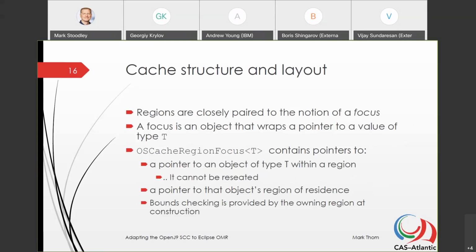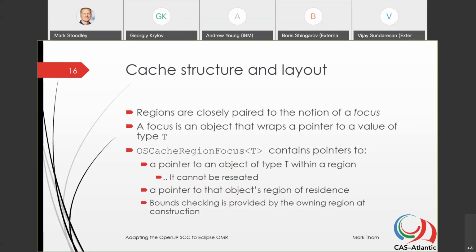With regions comes the idea of a focus. And the notion of a focus is developed to apply in two specific contexts. So if you recall before, I told you that the cache header in the OpenJ9 shared cache stores configuration data that's common to all client VMs.